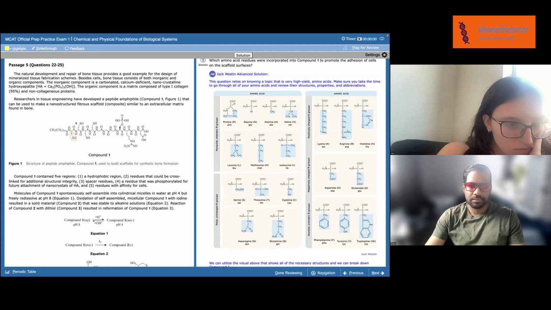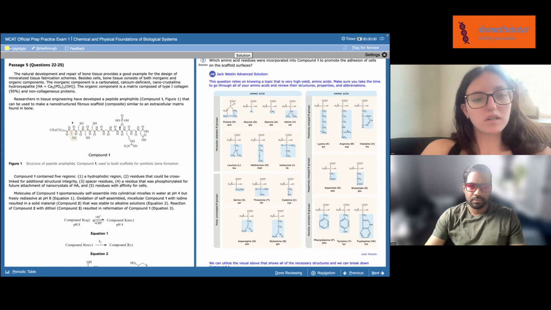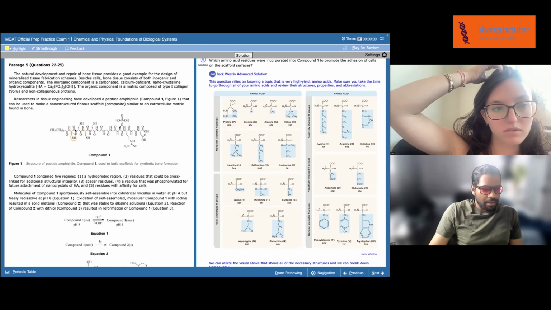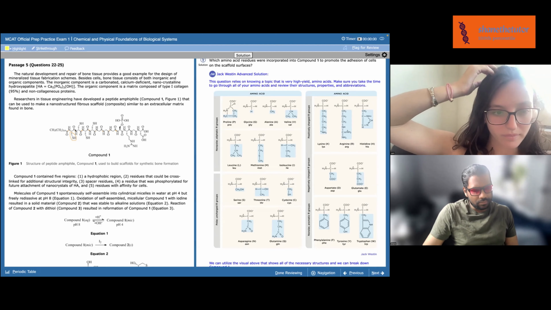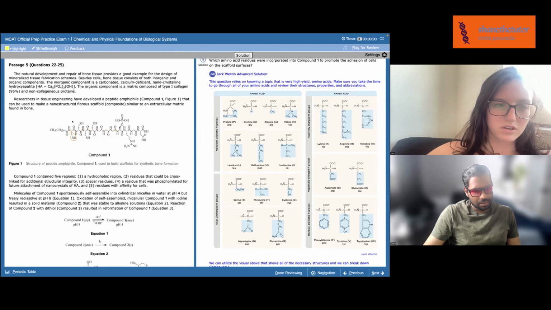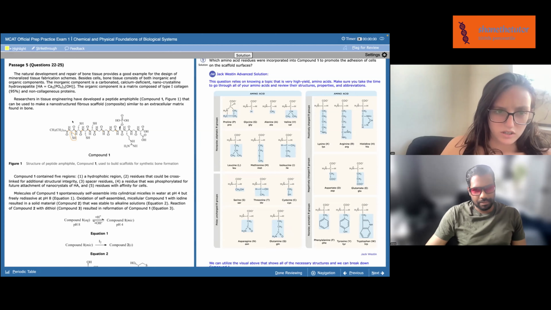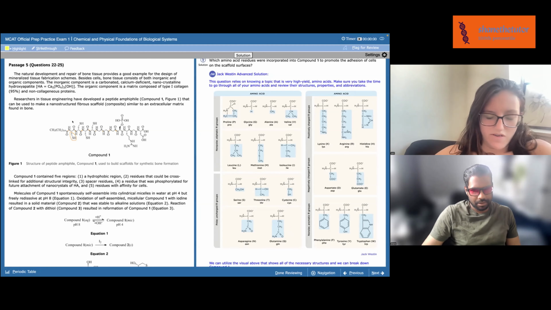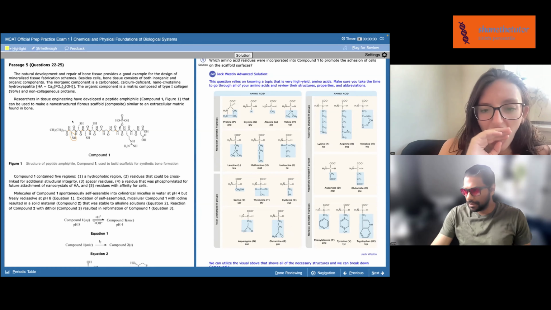This isn't a partial negative or partial positive; it's still double bonded, so there's no partial charge. Why isn't there a partial charge? Because there's always still a double bond with the oxygen. Does the hydrogen need to come off for it to be O minus? That would be a full charge.